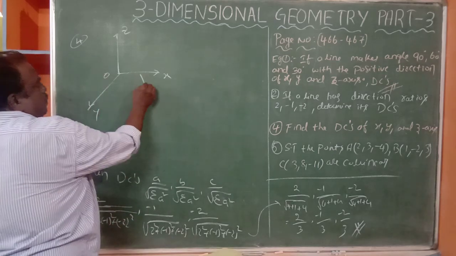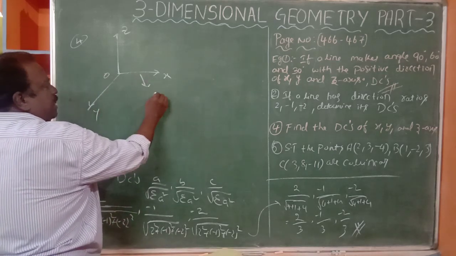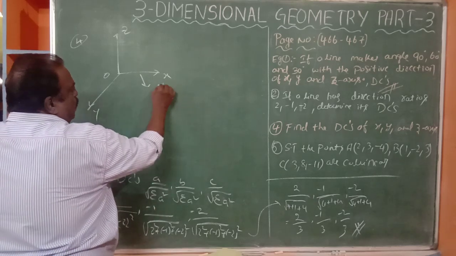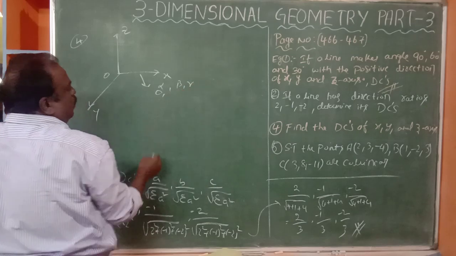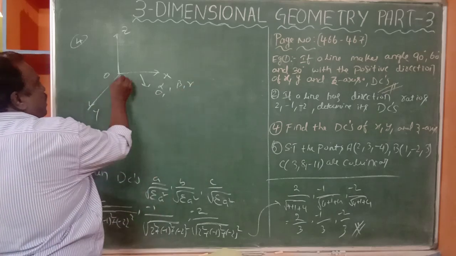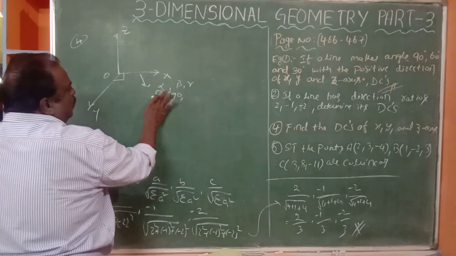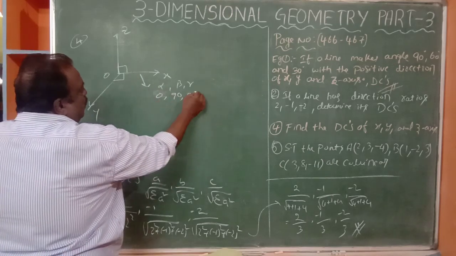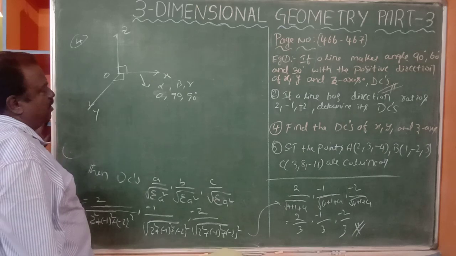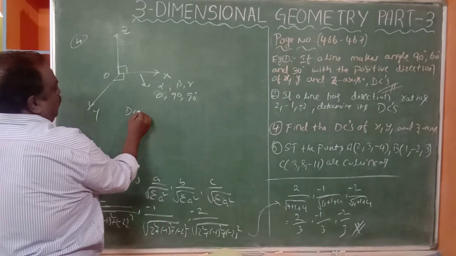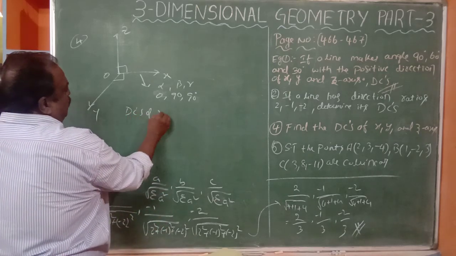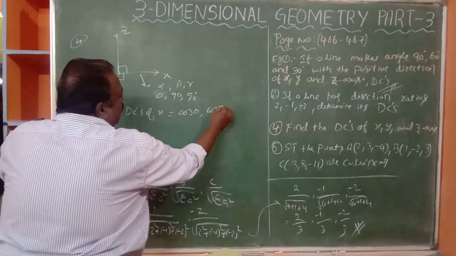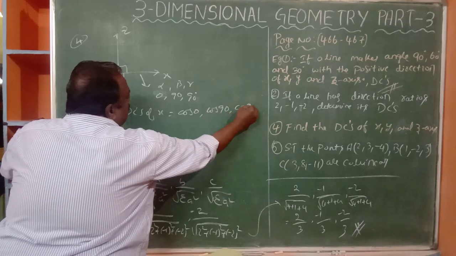The x-axis makes an angle with the x-axis of 0, that means alpha, beta, gamma I am writing: 0, with the y-axis 90 degrees, and with the z-axis also 90 degrees. Will you agree? So the DCs of the x-axis are cos 0, cos 90, cos 90.